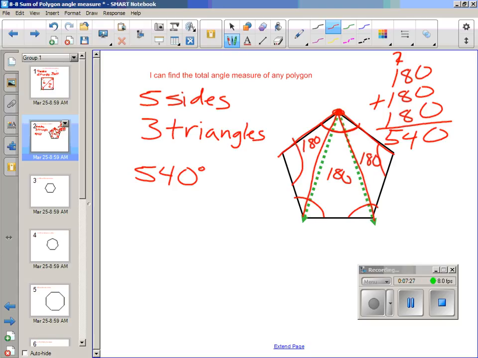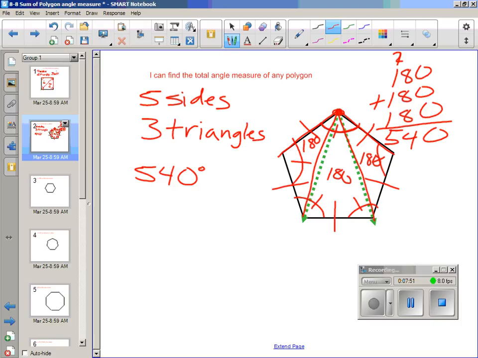And if all the sides are congruent, guess what? All the angles have to be congruent. Okay? So if this side is congruent to this side, and this side is congruent to all the sides, that means every one of these angles has to be congruent, or the same.